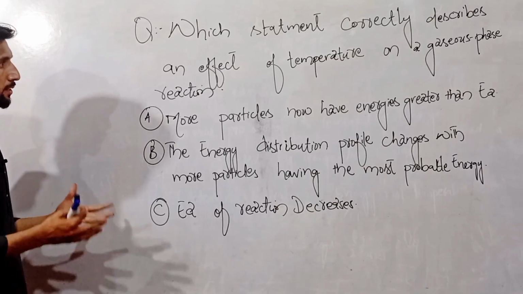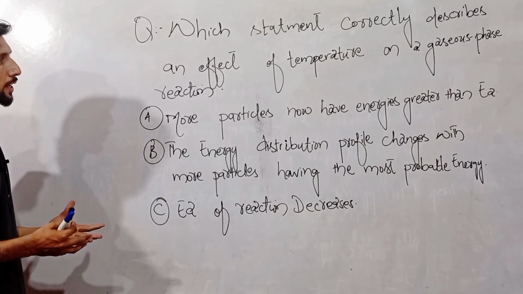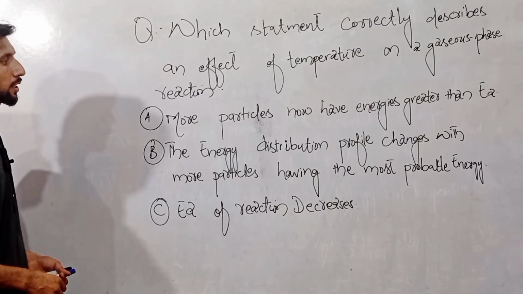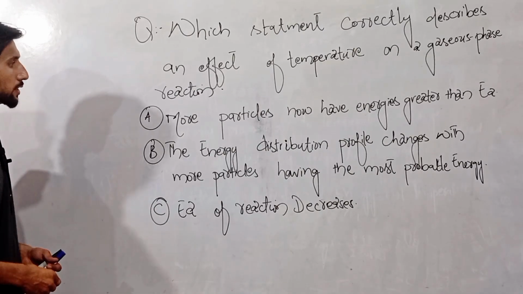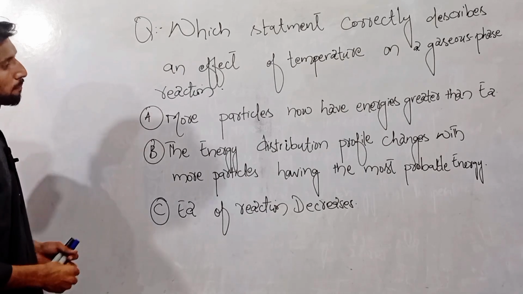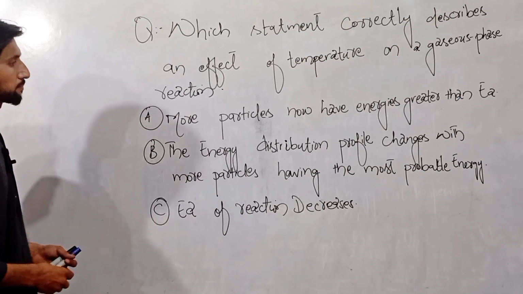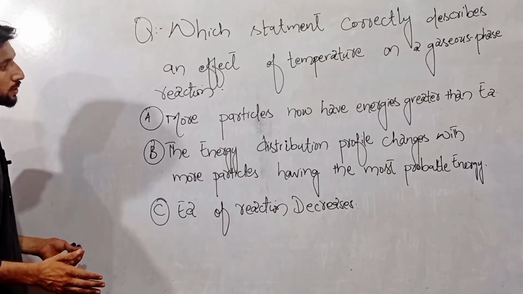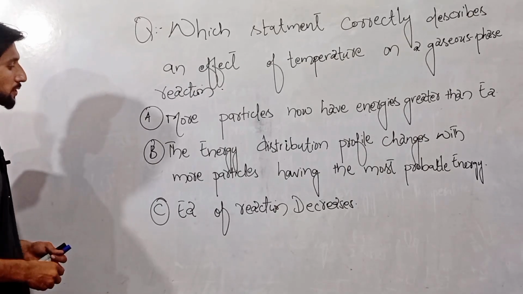So by increasing temperature, you give the particles more energy, so now more particles have the activation energy. Second, the energy distribution profile changes with more particles having the most probable energy.